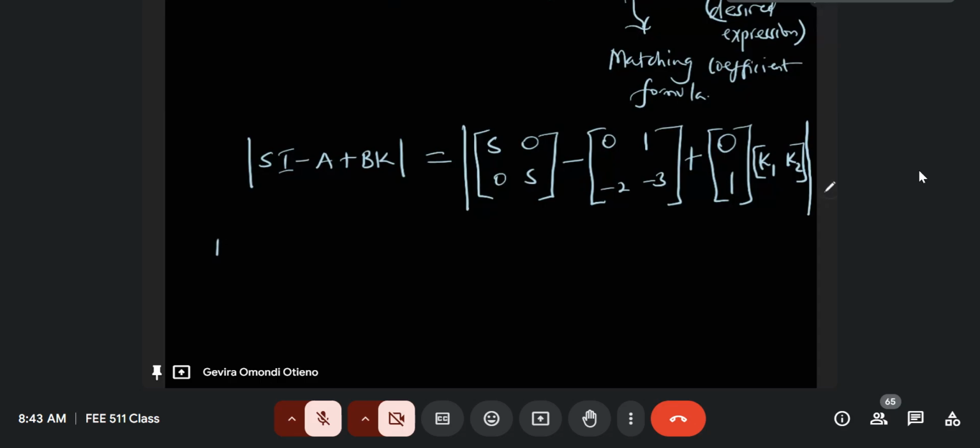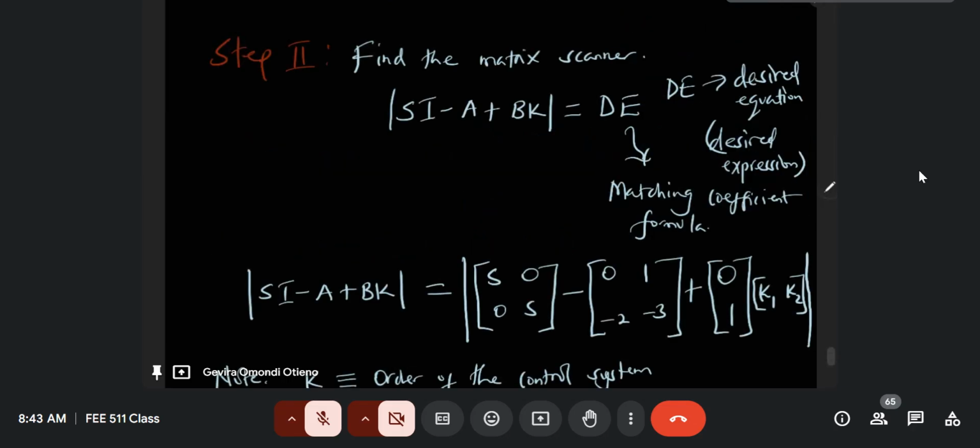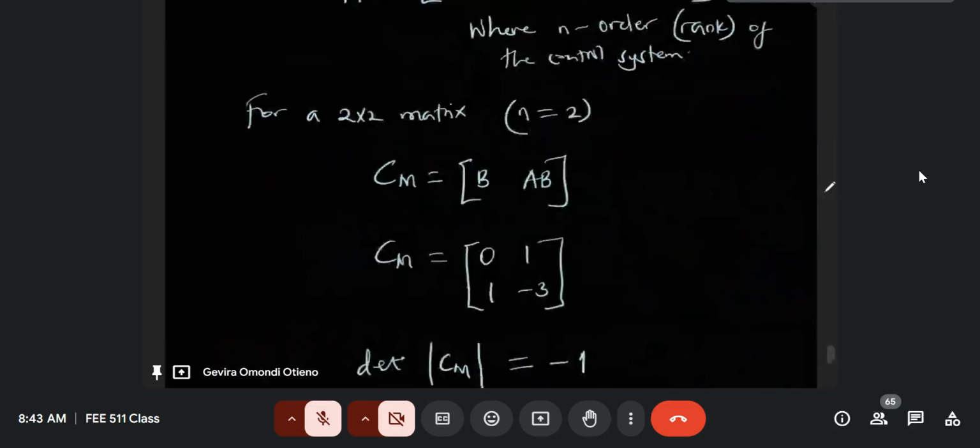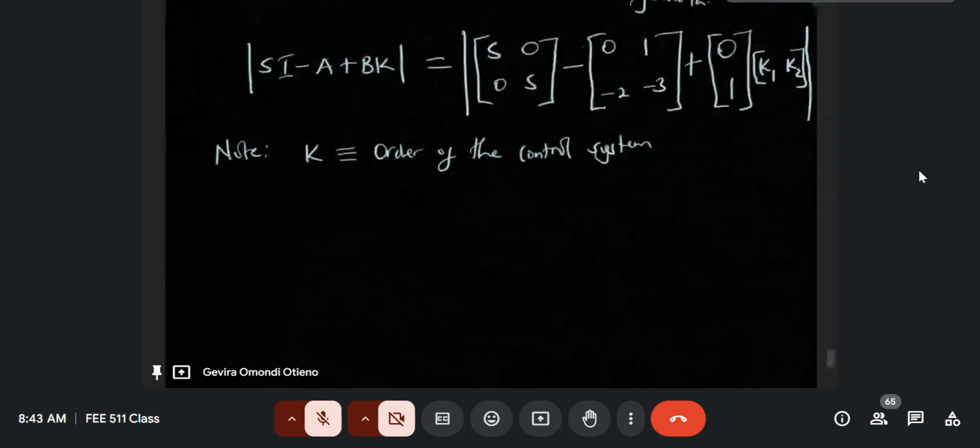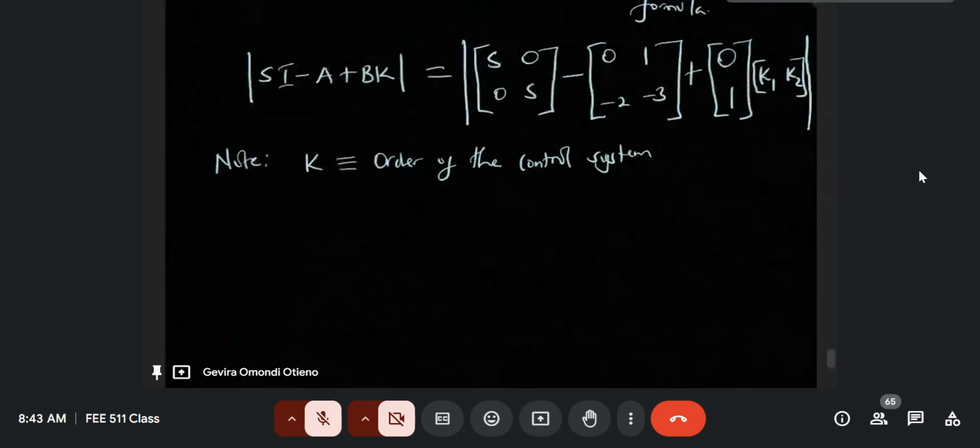Now note, because I know you are wondering, how did I get that? K is the order of the control system. It's like the n of the controllability matrix. But now, because here we are dealing with the actual characteristic equation, K is the order of the control system. Typically, you'll just notice this by studying.